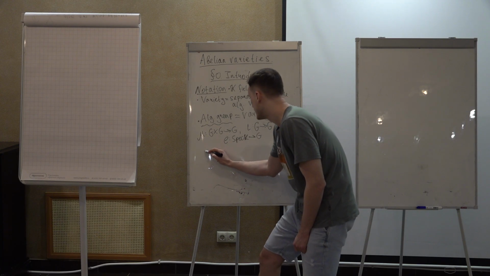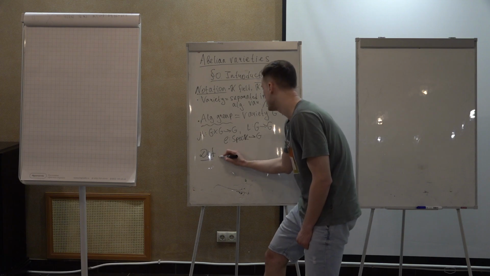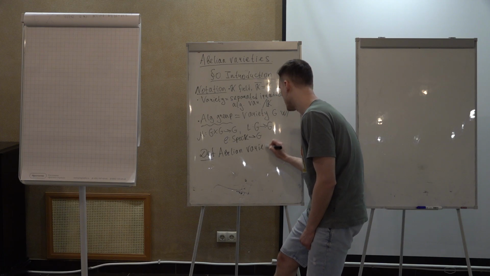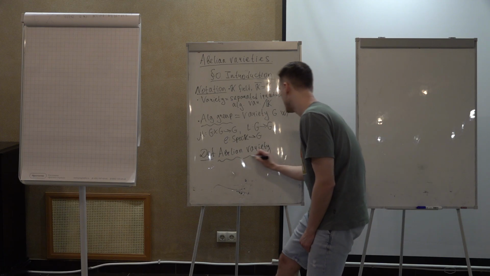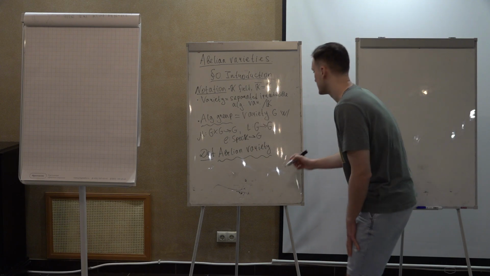And the main definition: what is an Abelian variety? It's just an algebraic group which is complete as a variety.